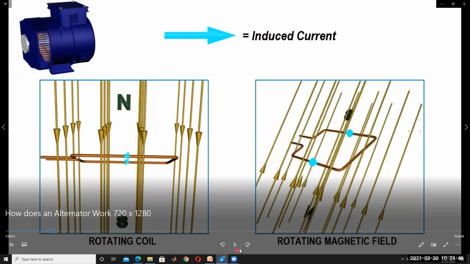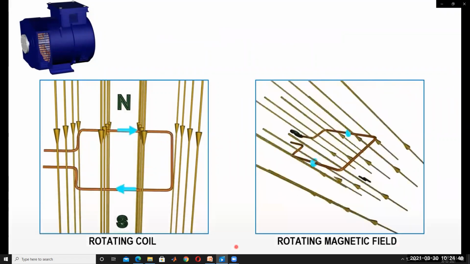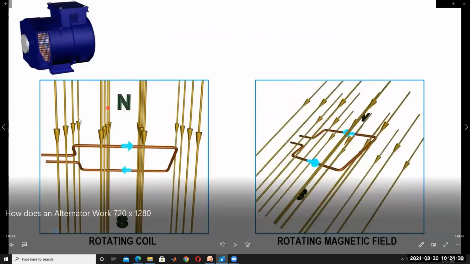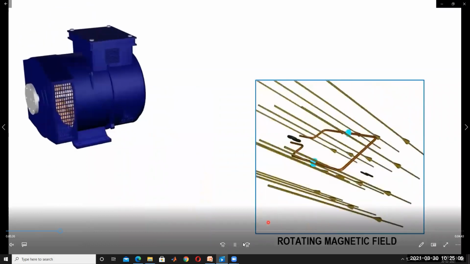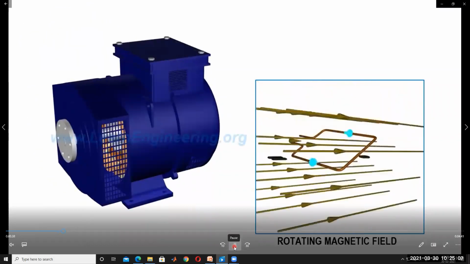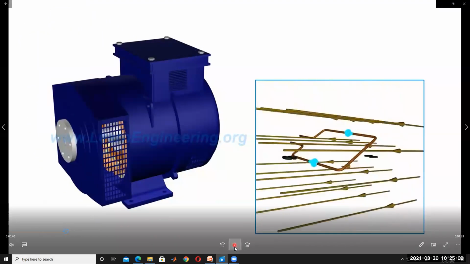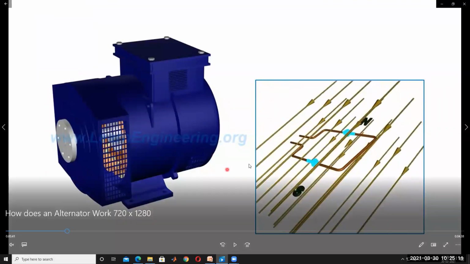In the DC machine, the magnetic field is stationary, north and south pole, but the coil is rotating, so it is called a rotating coil. This is called a rotating magnetic field. The magnetic field cuts the conductors and EMF is generated. This concept is used in synchronous generators.